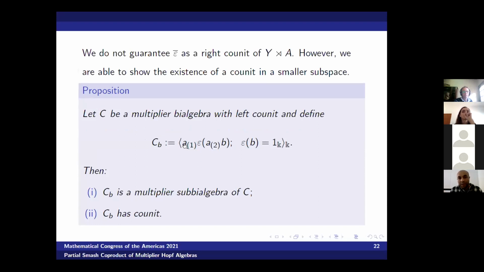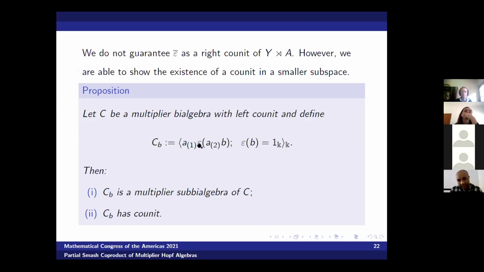Here we are doing it in the general context. We define it in general, then we just replace our case for this. So we consider a general multiplier bialgebra with left counit, defined like this.